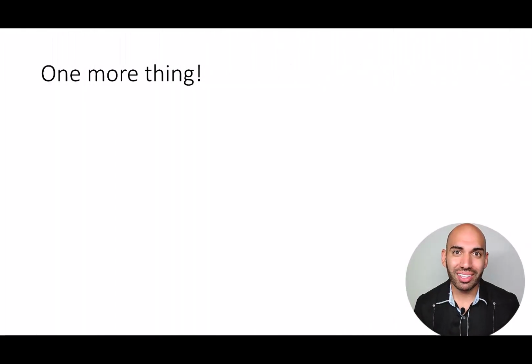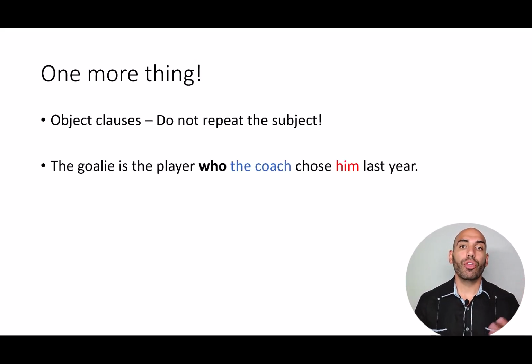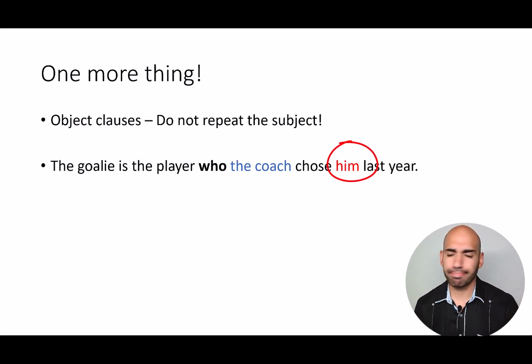There's one more thing. If I have an object adjective clause, I cannot repeat the subject. What? What are you talking about, teacher? Repeat the subject. For example, the goalie is the player who the coach chose him last year. This is bad.